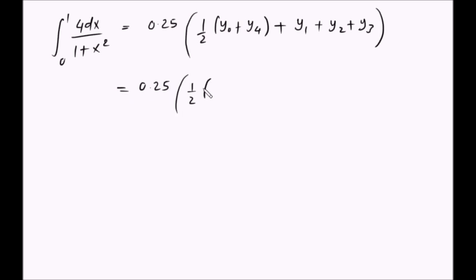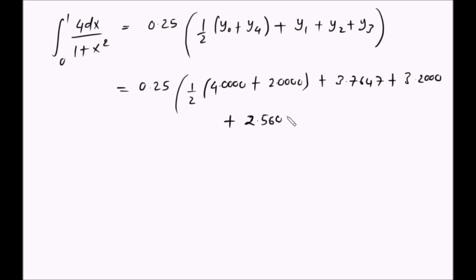So our y0 tumesema pale ni 4.0000 plus y4 yetu ni huyu plus y1 ni 3.7647 plus y2 ni 3.2000 plus y3 ambayo ni 2.5600. So now I use my calculator.